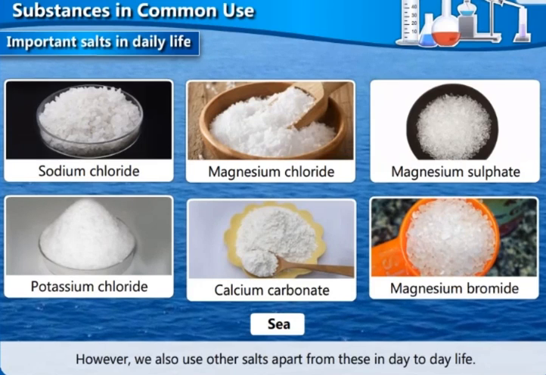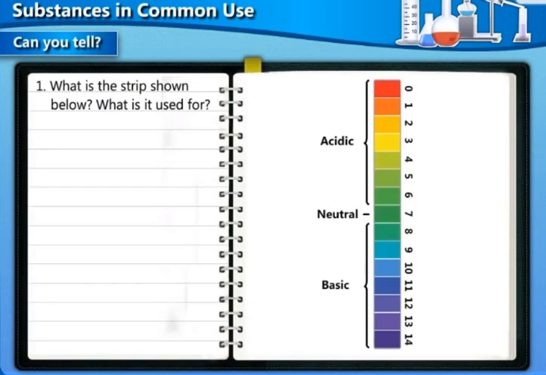However, we also use other salts apart from these in day-to-day life. Can you tell? 1. What is the strip shown below? What is it used for? So what is the strip shown on the right hand side? You can see there.